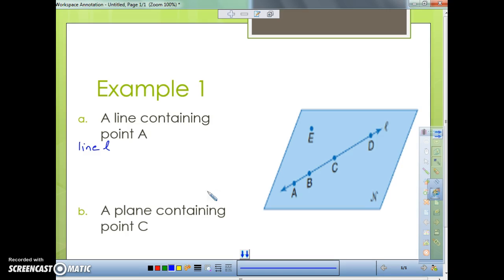Give me another way. We've got one letter already, line L. Is there another way that we can name it? Pick 2 points. A and D. AD. Okay, so we can call this line AD.